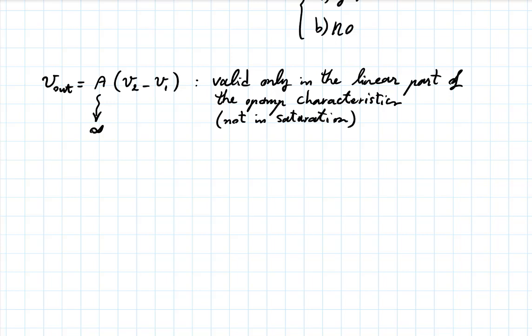In saturation, you can give it a voltage difference at the input. The output won't change. It's stuck near either the positive or negative power supply of the op-amp. And that's what we saw last time.